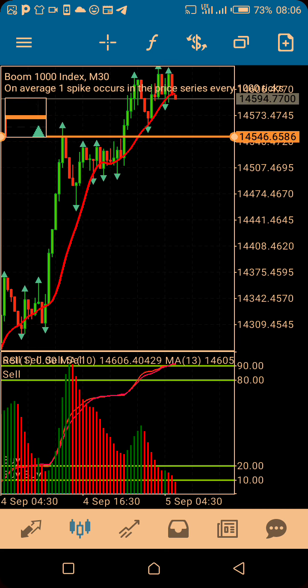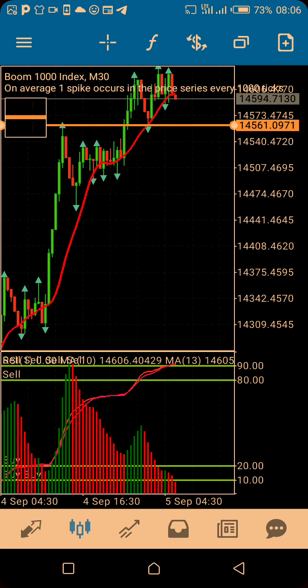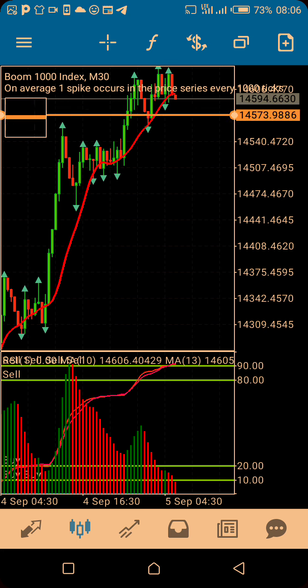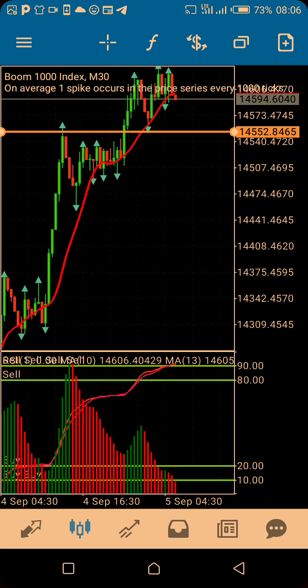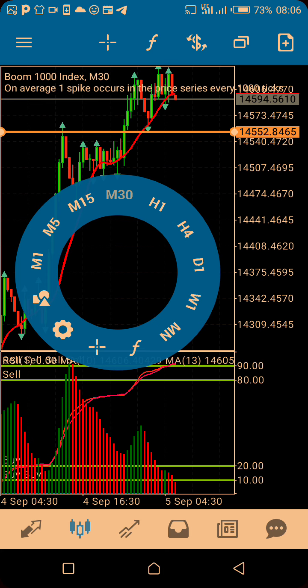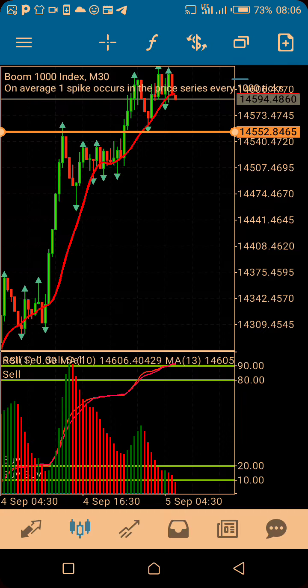So I'm considering this support and this. Starting from this up to here, these are my support levels. This is the area of my support, the areas of support.